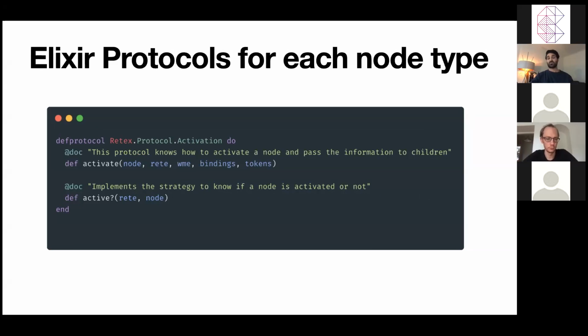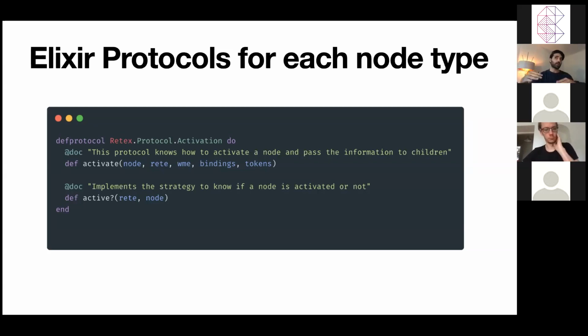Protocols, again, that was great because I can actually implement a protocol for the activation of each node in the layer, knowing that it is a different struct for each point in the graph. So I can just implement the activation protocol, and that allows me to create different kinds of activation depending on where I am. So if I'm in a 2-input node, I will check that the 2 parents are fully active, so I'm active and I pass the token down.